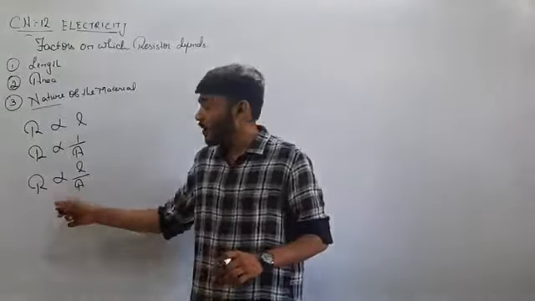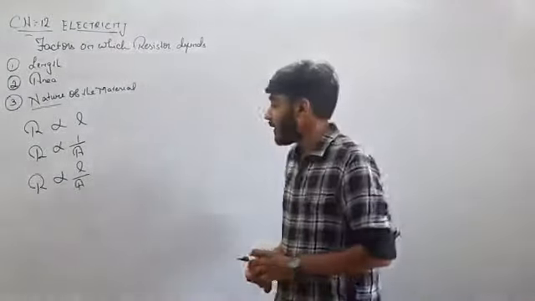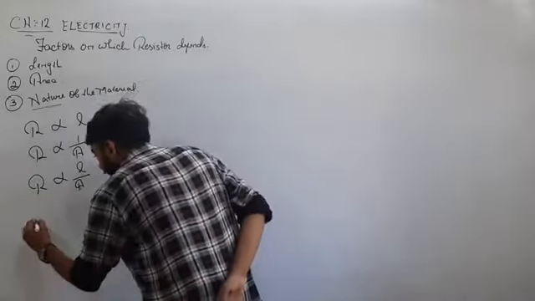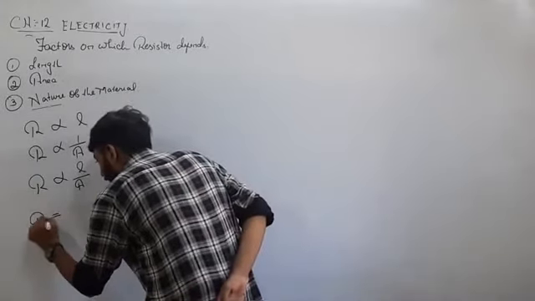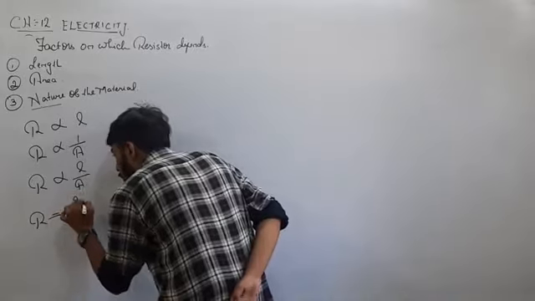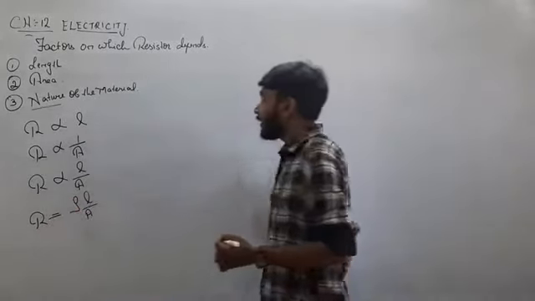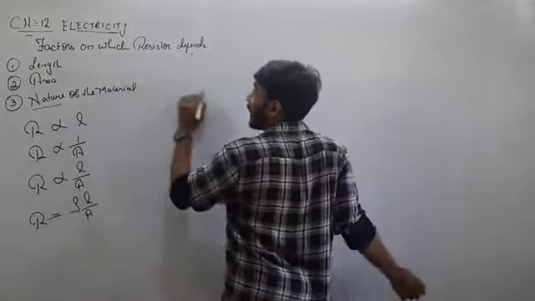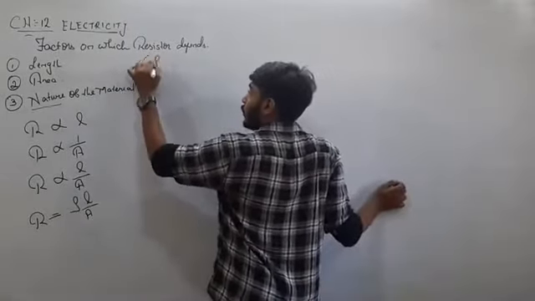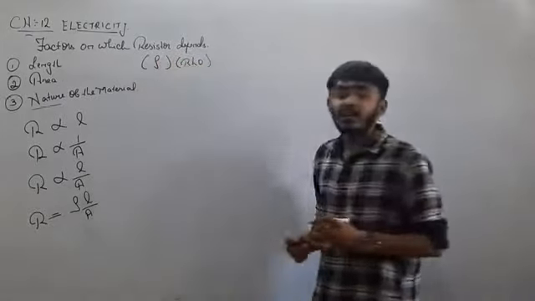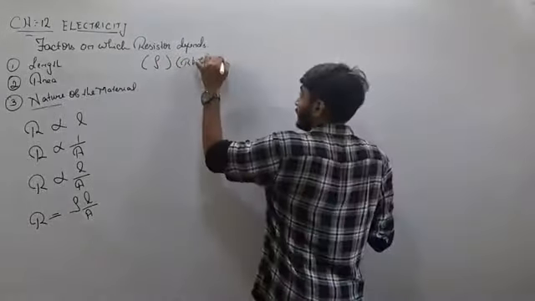To remove the proportionality sign, we need to add a constant, and that is R is equal to rho L upon A. Here rho, also written as the Greek letter rho, is the resistivity.